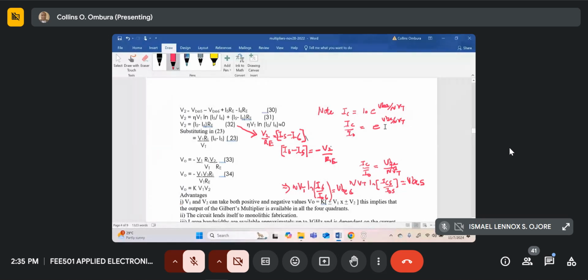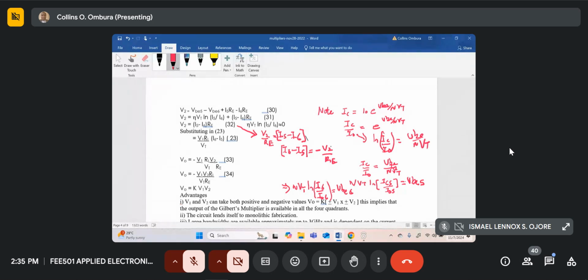So this equation over here, if you take natural log of left-hand side, right-hand side, you'll get, let me just do it. So if you take natural logs of this, you'll get natural log of any current IC over I naught is equal to VBE over neta VT.